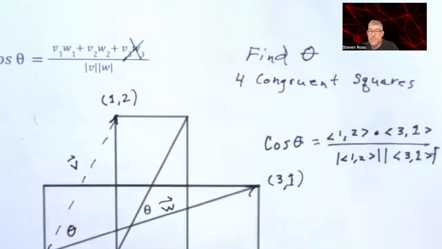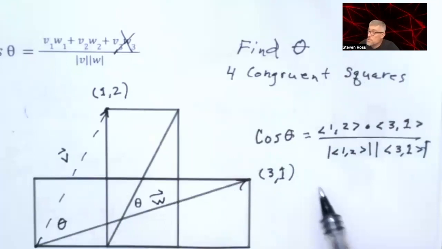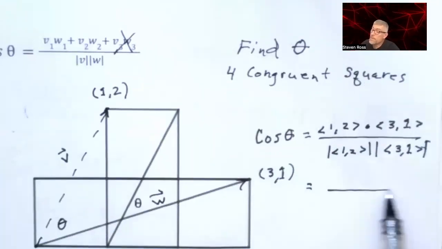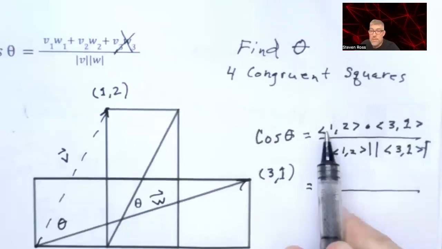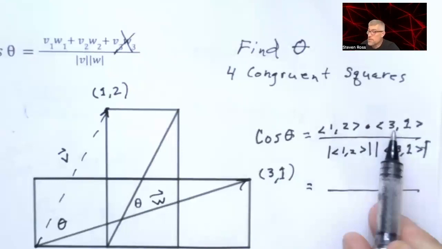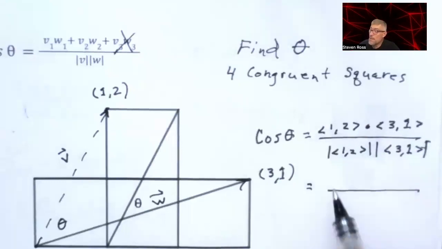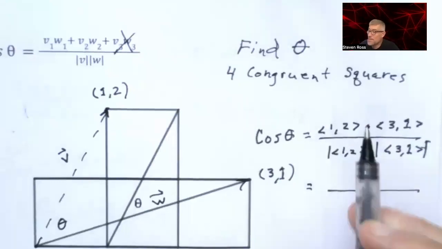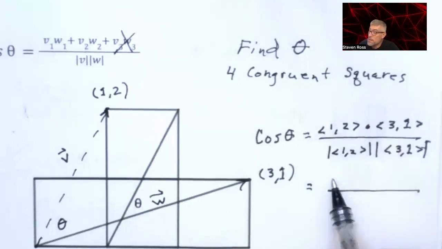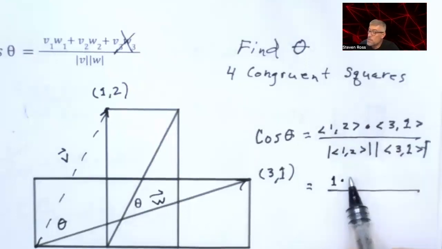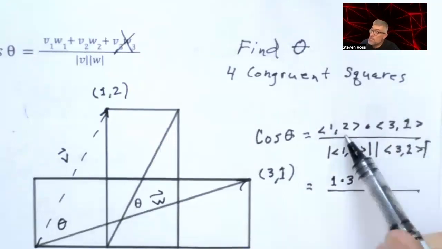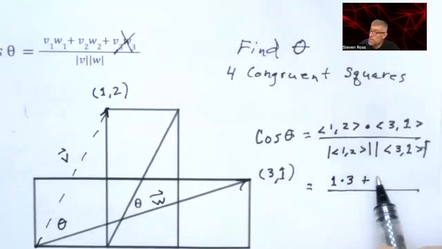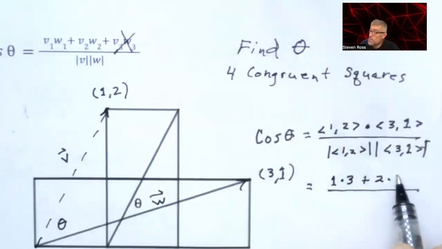All right, so I'll just essentially do the dot product over the magnitudes. So the dot product is going to be 1 times 3. Those are the x positions of that vector, horizontal positions. 1 times 3, plus 2 times 1.